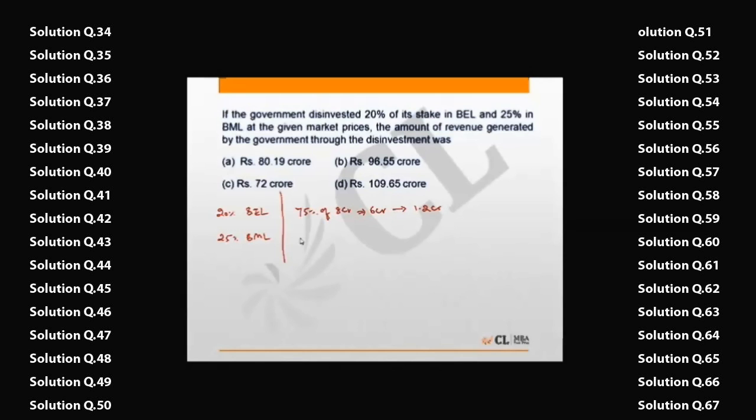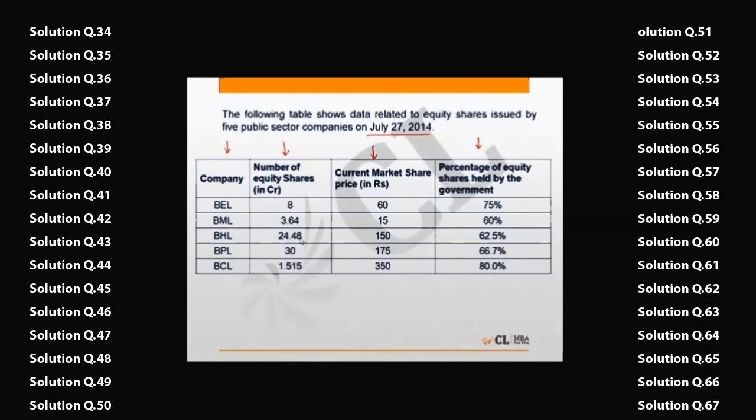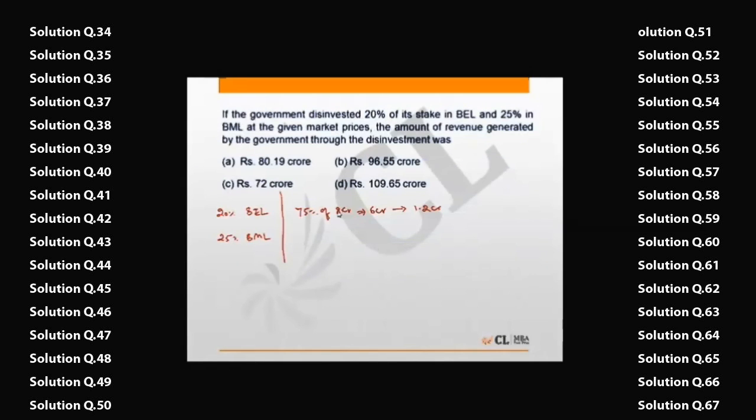In BML, likewise, the government owns 60% of 3.64 crores, which implies it's going to disinvest 0.6 into 3.64 into 1 by 4. So many crore shares. The market prices of these two shares was rupees 60 and rupees 15 respectively.